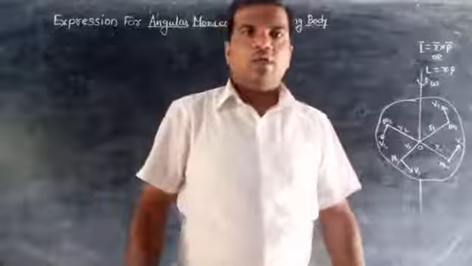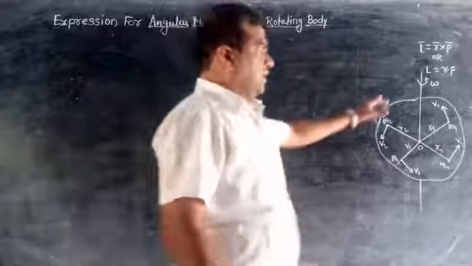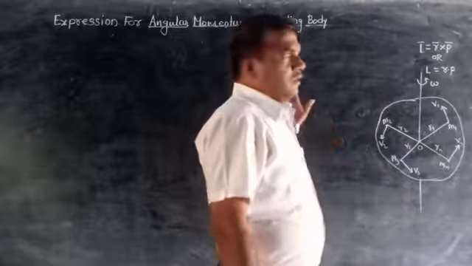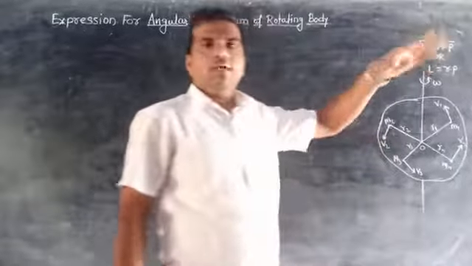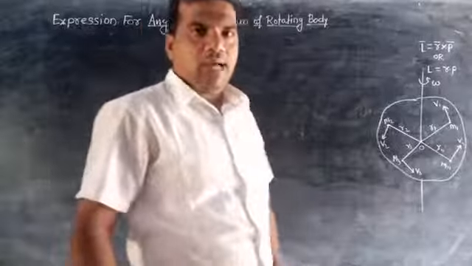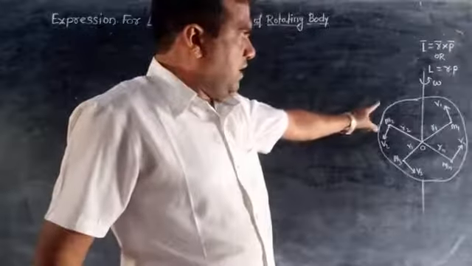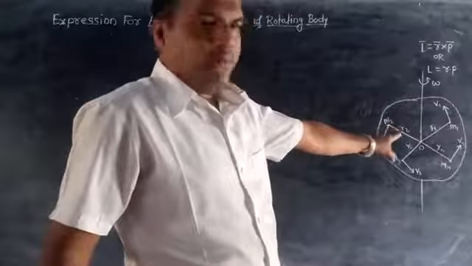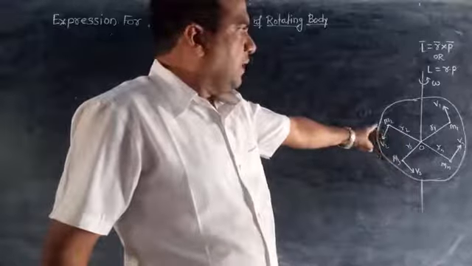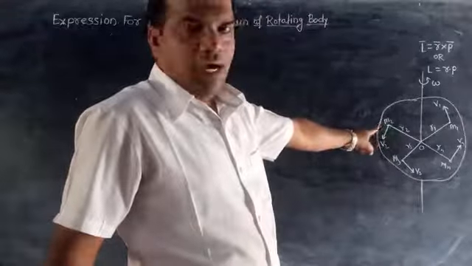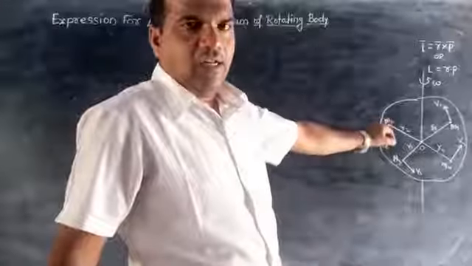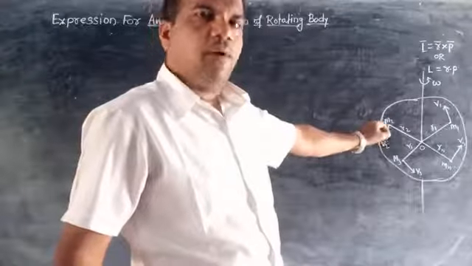It means the angular velocity of the rotating body is constant, that is omega. Now suppose this rigid body consists of n particles having masses m1, m2, m3 up to mn, and these particles are situated at distances r1, r2, r3 up to rn respectively from the axis of rotation.